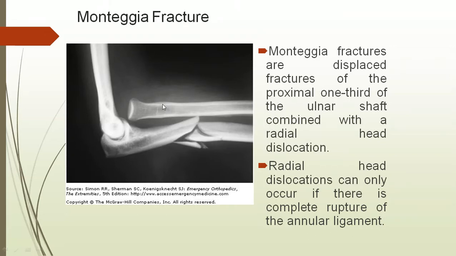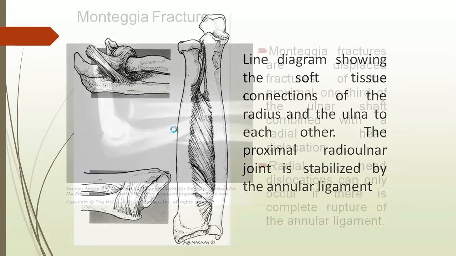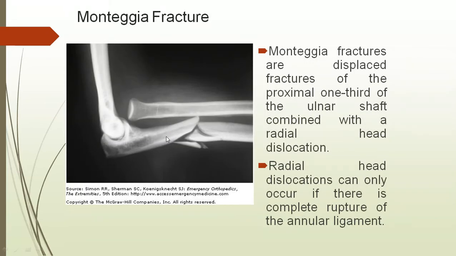See, if you see this X-ray, you can define the fracture very easily. So it is the fracture of the proximal one third of the ulna along with the dislocation of the proximal radioulnar joint or radius. So here the radius is not in contact with the capitulum, so it has gone anteriorly.